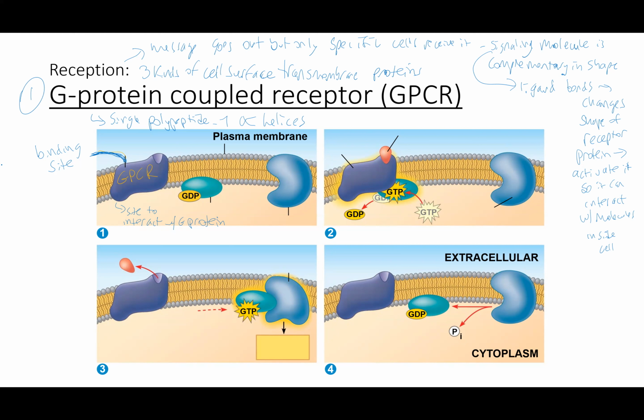So in this first step, we've got our GPCR with our binding site, a site that's able to interact with the G protein. And this guy here is an inactive G protein. Why do you think it's called a G protein?